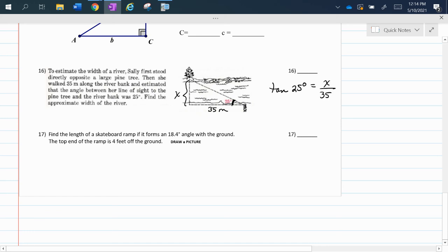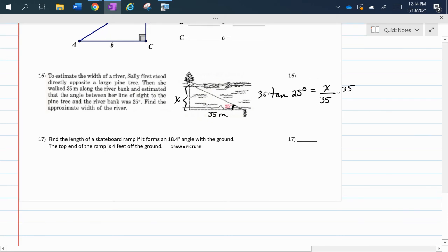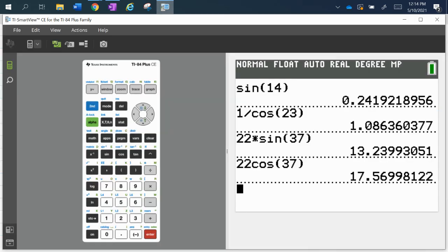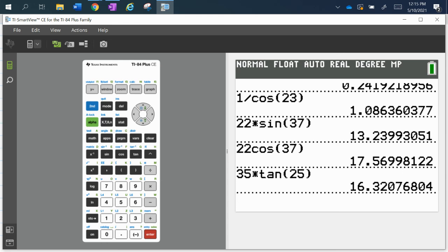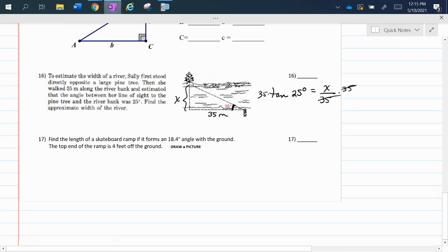And I'm going to solve the equation by multiplying both sides by 35. I'm going to go to my calculator and say 35 times the tangent of 25 degrees, which is about 16.3. So the width of the river is about 16.3 meters.